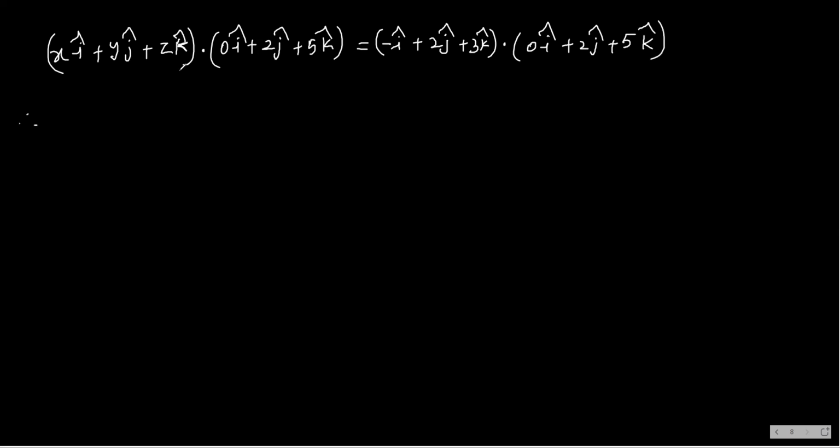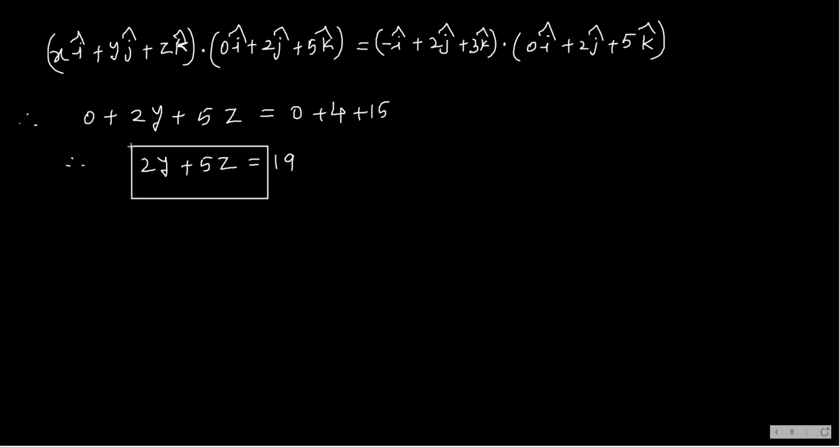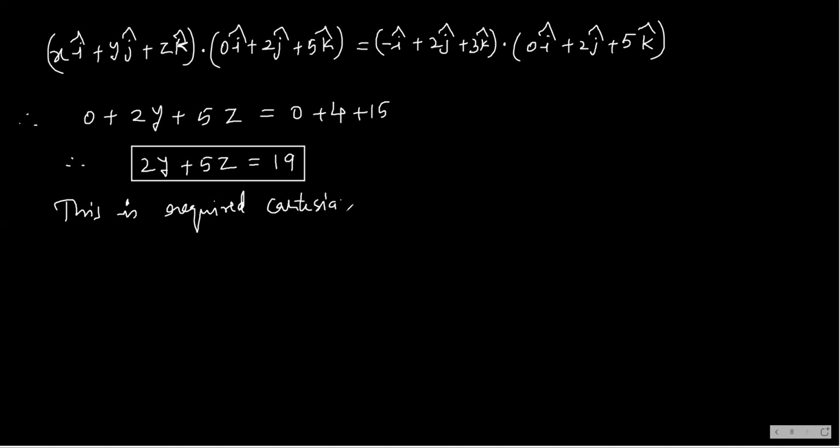Now when we multiply this, we get 0 into x, 0, plus 2y plus 5z equals, here you get minus 1 into 0, 0, plus 4, plus 15. So you get 2y plus 5z equals 19. This is the required Cartesian equation of the plane.